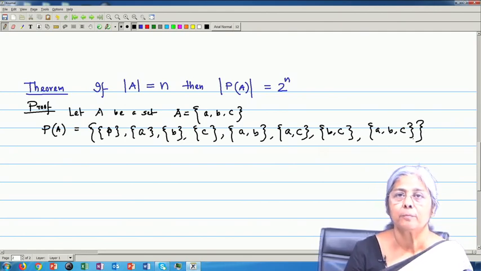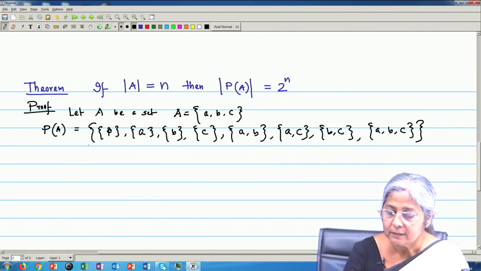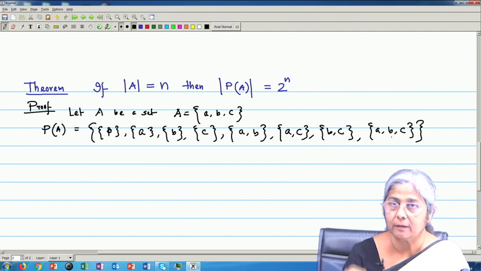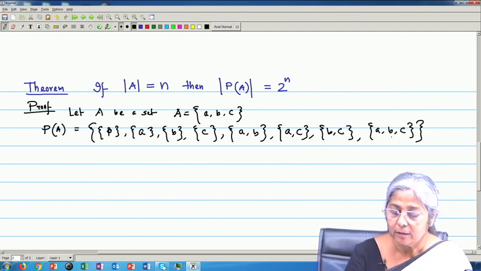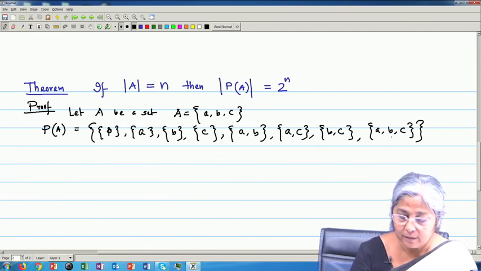Now we see some properties. These are all the subsets of A. If we observe, there are two different classes.